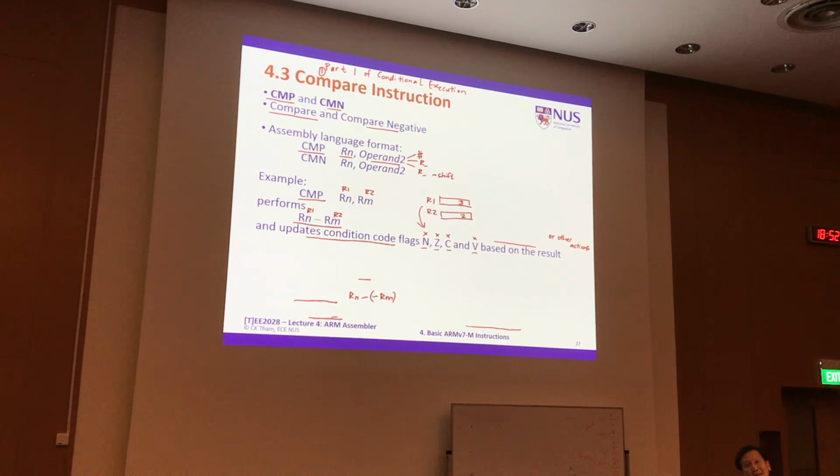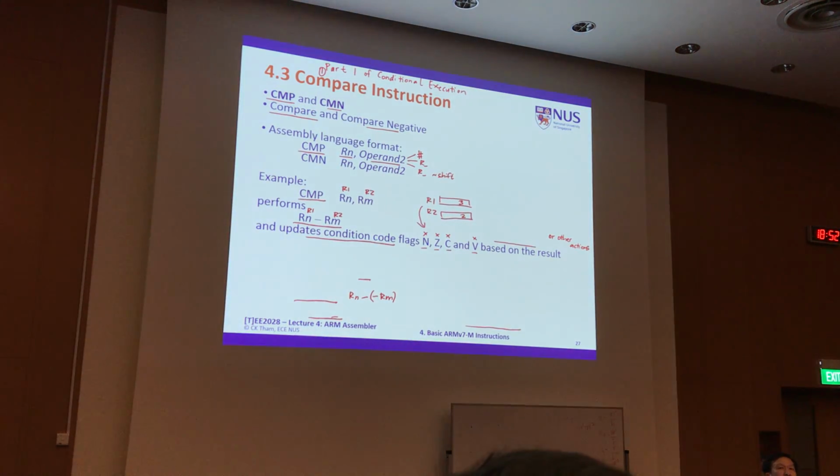Right? Okay, then I come to another topic that is quite important, which is the conditional execution. Now, for conditional execution, there are two parts. In C programming, you'll say, okay, if X is less than Y, add these two numbers or whatever, right?